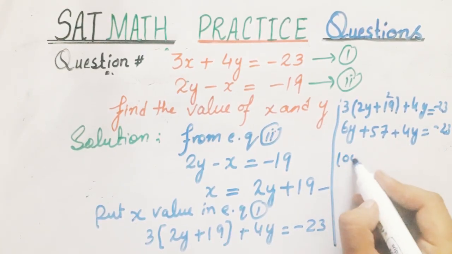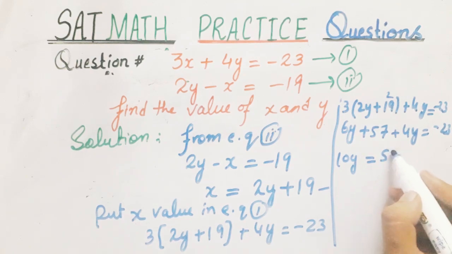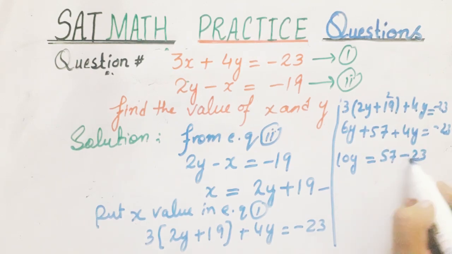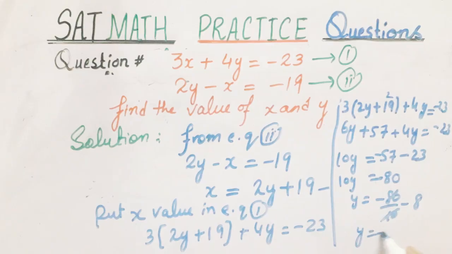So 10y equals minus 23 minus 57. So by adding you will get minus 80 equals 10y. So y equals minus 80 by 10, that will be minus 8. So you get the value minus 8 for y.